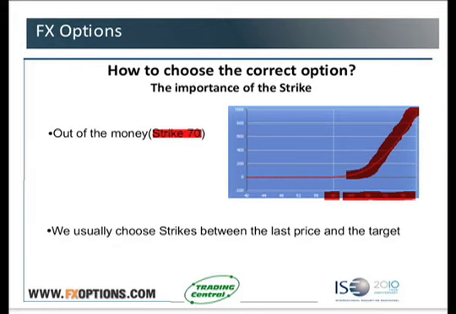So that's why I usually choose strikes between the live price of the underlying of the pair and the target. I will show you an example just after.